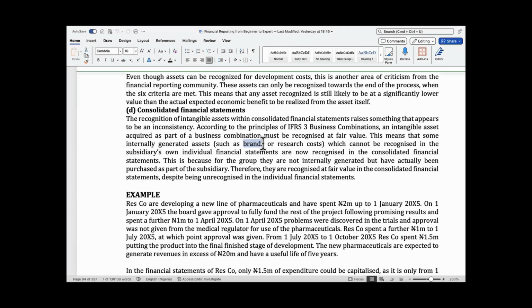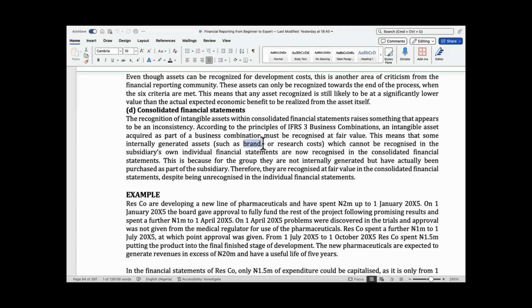Because they will argue that since the parent has paid for it, that means it's a purchased intangible asset. So controversial in the sense that, okay, why can't an individual company also value those internally generated assets? Because how did the parent that paid for it get the value? Why can't individual companies also get their value and put it in their books?